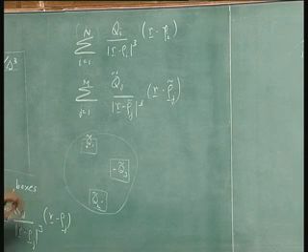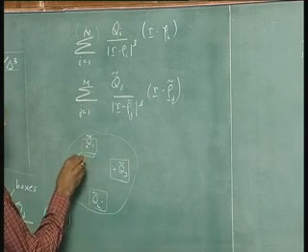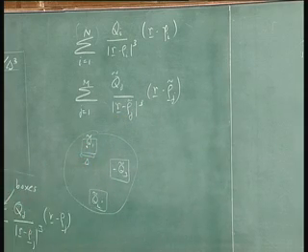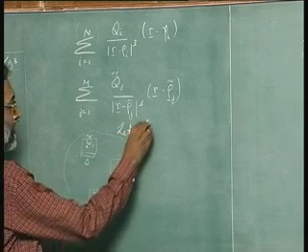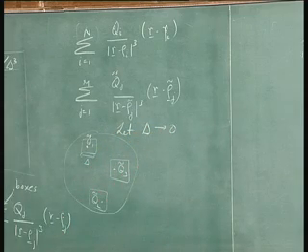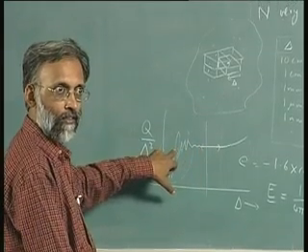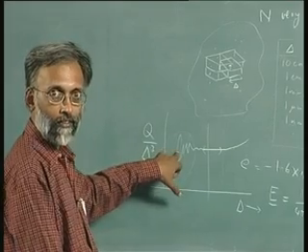Once I have done this, then I know that as I make these boxes smaller and smaller, as I let delta go to 0, of course, you have to realize I can only let delta go to 0 in this sense. If I let delta go to 0 into this region, it is not correct.